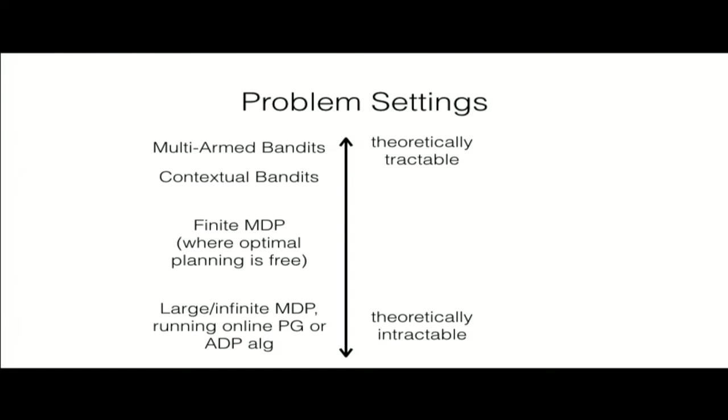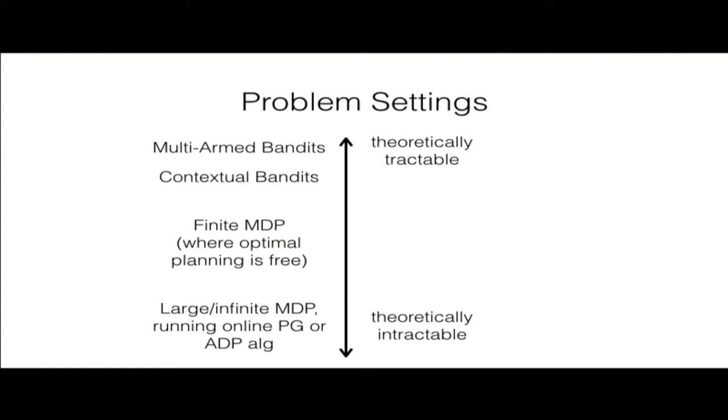Then there's the contextual bandit setting, which is sort of in between the bandit setting and the MDP setting, which I'll briefly mention but won't go into much. Then we'll talk a little bit about the setting of finite MDPs. That means finite state and action space, where you can actually prove something about algorithms that are near optimal: when you run the algorithm on a previously unknown random MDP, it'll find a near optimal policy in some finite time.